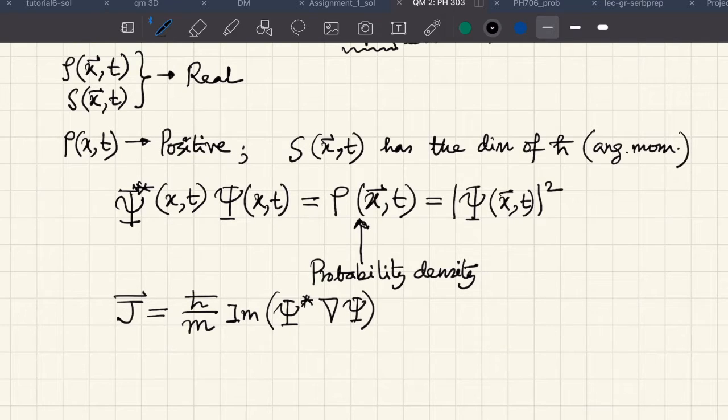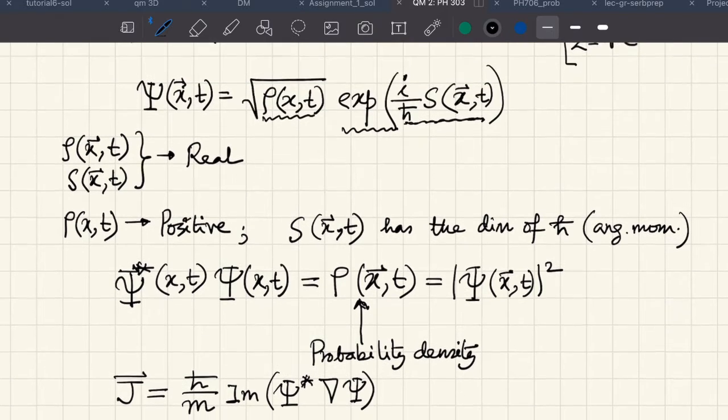So we calculate the gradient of psi. We look at the expression of psi.